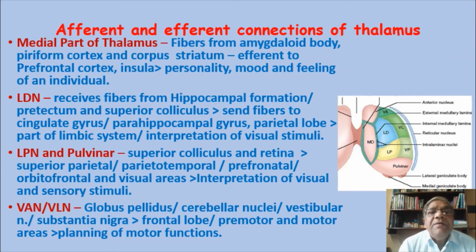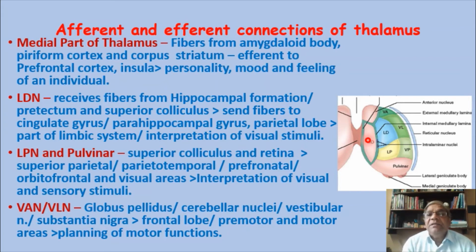Now the afferent and efferent connections of the thalamus from the medial part of the thalamus. We have not talked about the medial, dorsal and midline nuclei, which are the medial part of the thalamus. This part receives fibers from the amygdaloid body, the piriform cortex and the corpus striatum.